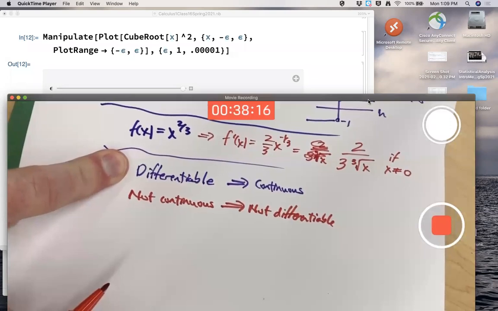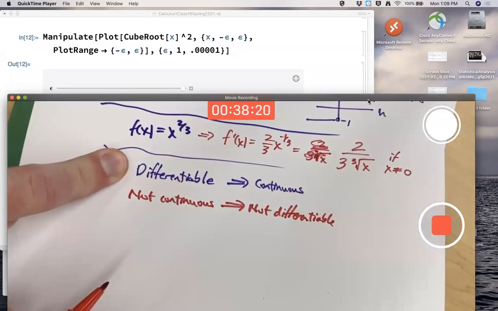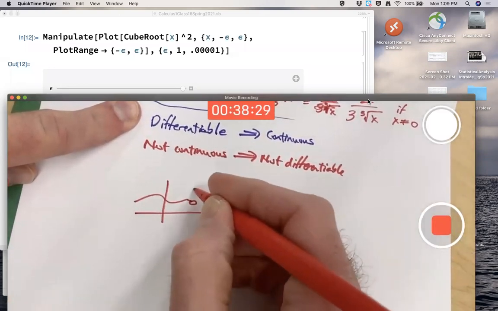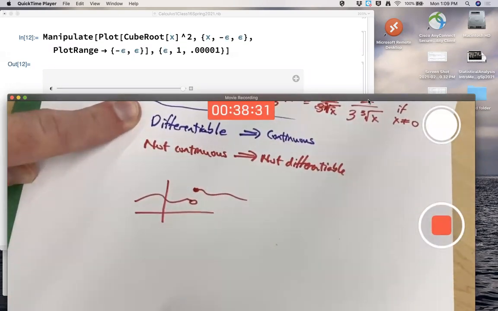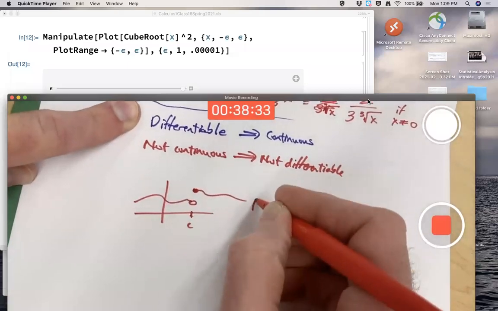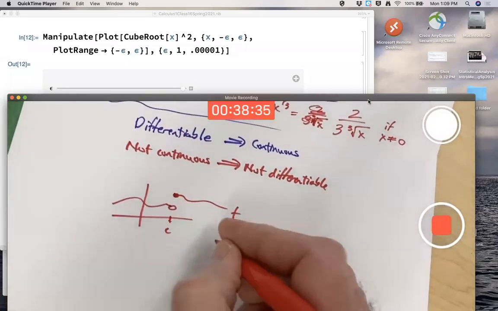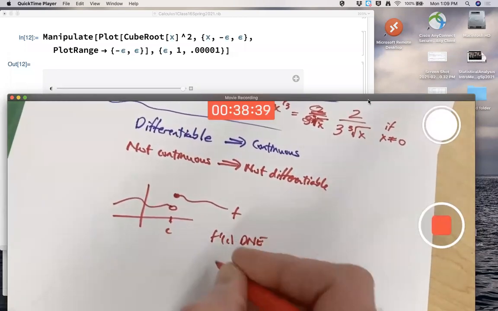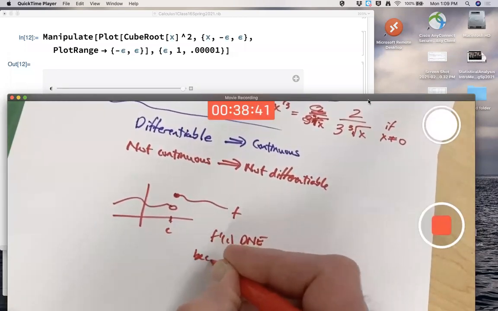So another way to look for lack of differentiability is anytime you have a discontinuity. If your graph, say, looks like this, if that's the graph of f, then f prime of c does not exist because f is not continuous at c.